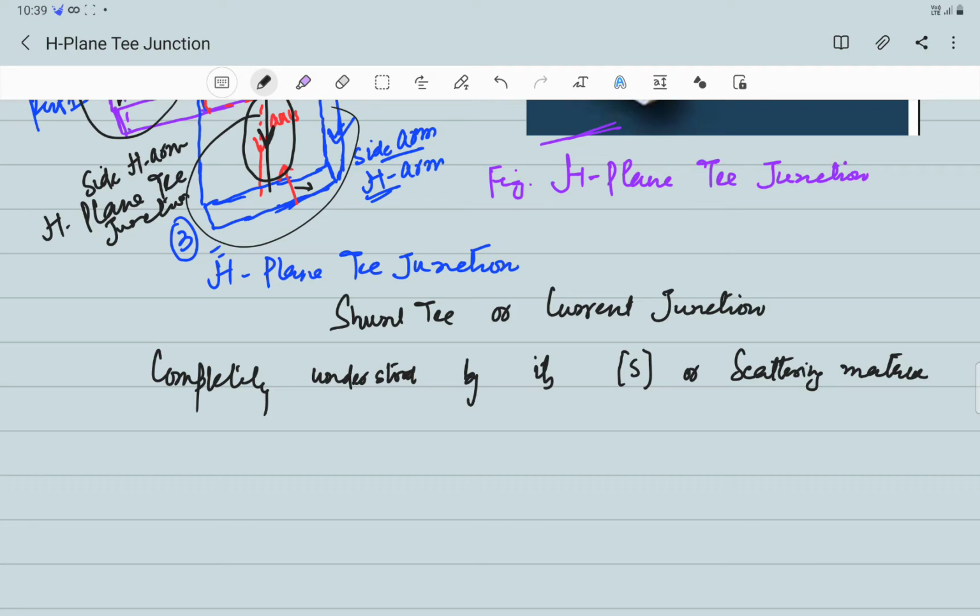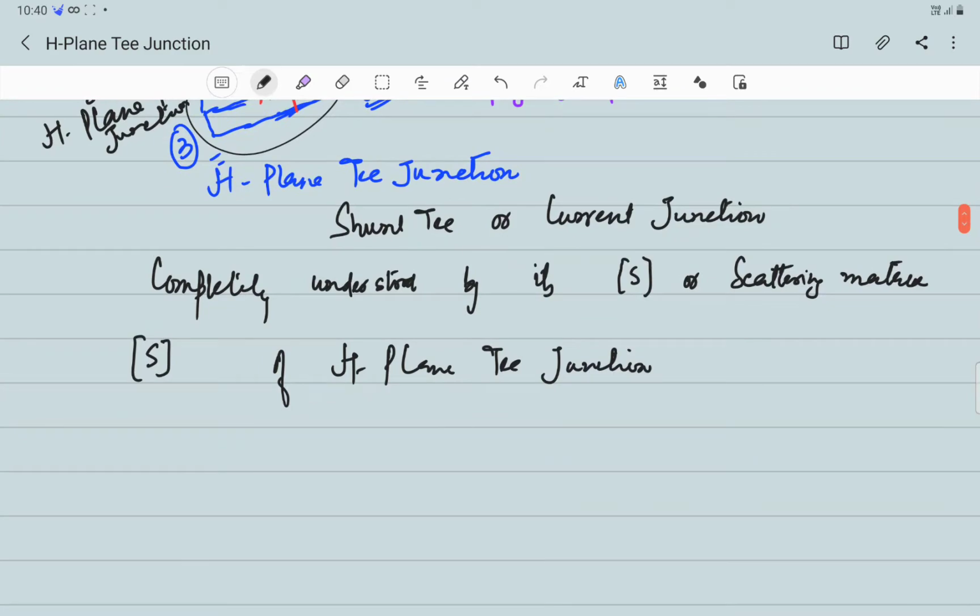So let's try to find the scattering matrix of this 3-port network, this H plane T junction. Since an H plane T junction is a 3-port junction, its S matrix would be a 3x3 matrix.